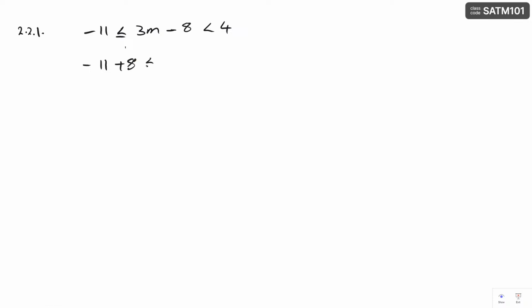Positive 8 less than or equal to 3m. Since you add positive 8 here, on this side you also need to add positive 8. This is the same as negative 11 equals 3m minus 8 equals 4, so treat it like that.